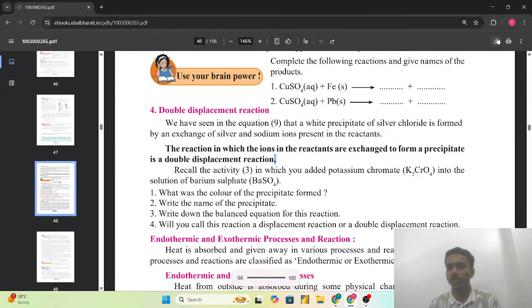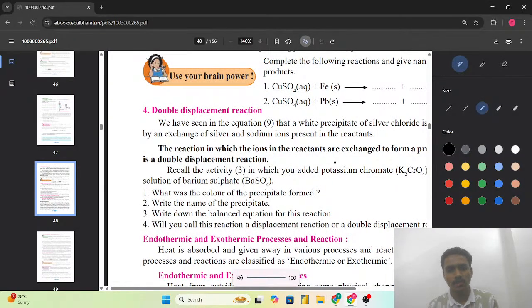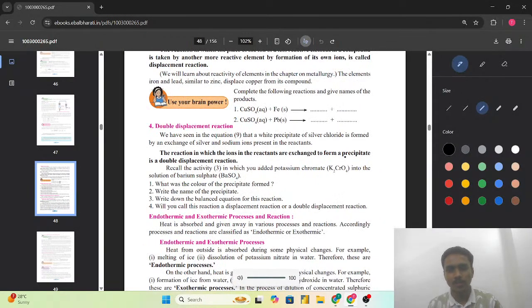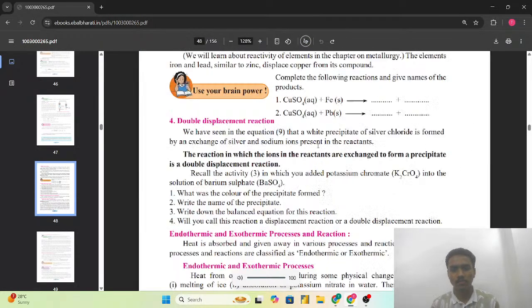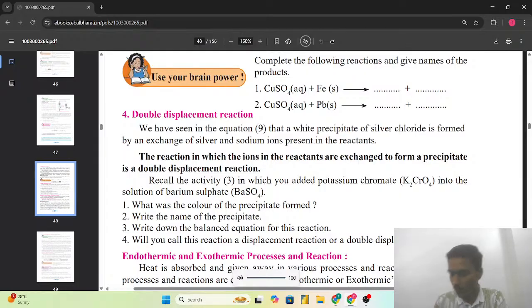One important thing to highlight is the formation of the precipitate in the product side. Such a type of reaction is called a double displacement reaction.